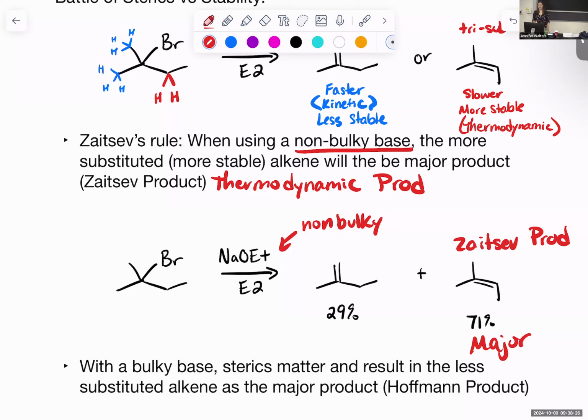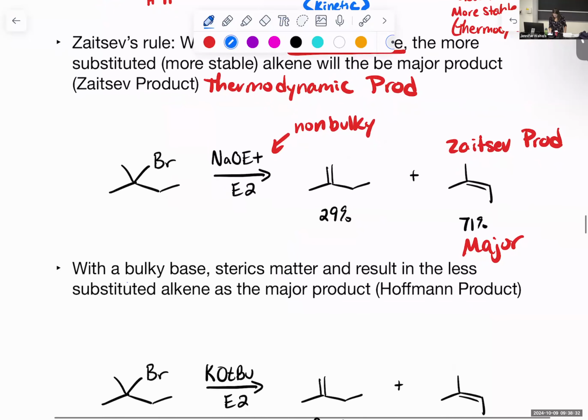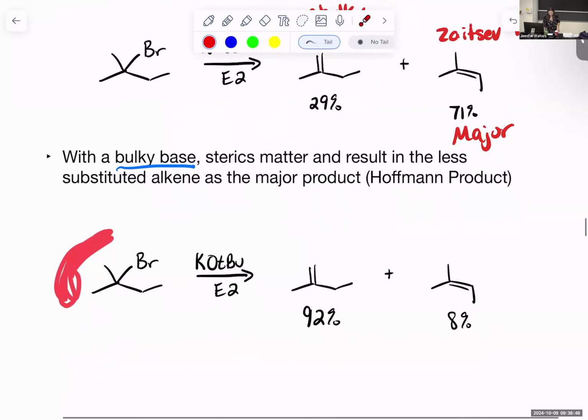When you have a bulky base, then sterics matter. Now, I'm only going to be able to get at the side that I can more easily access. If I have a really big base, I can only get in where I can fit. So I'm only going to be able to get in on one of these open sides.